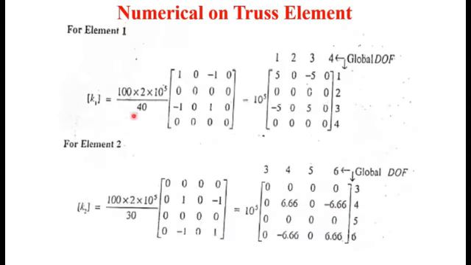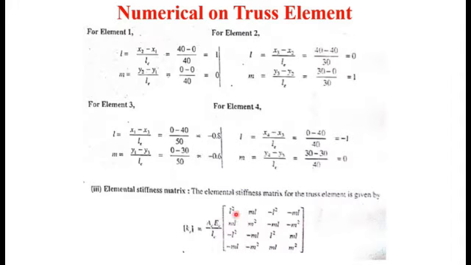So for the first element, element number 1, K1 is equal to A1 E1 divided by L1 into this matrix. The area of the element is 100 mm square; the area of all the elements is given, it is constant, 100. E1, Young's modulus of the material of all the elements, is the same, 2 into 10 raised to 5, divided by the length of the first element L1, which is 40 mm. In this bracket, for the first element L is equal to 1 and M is equal to 0.